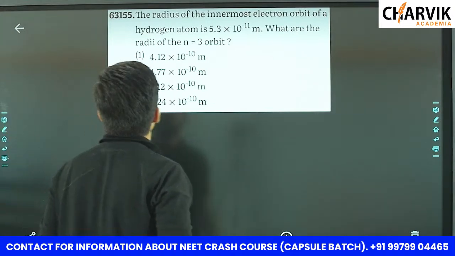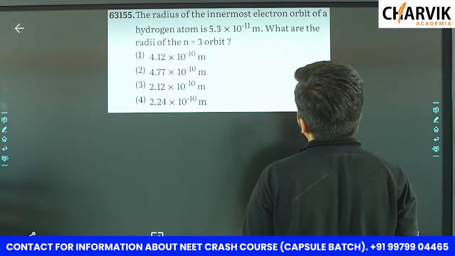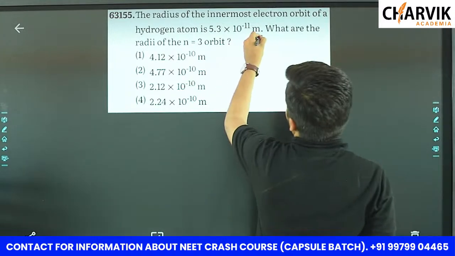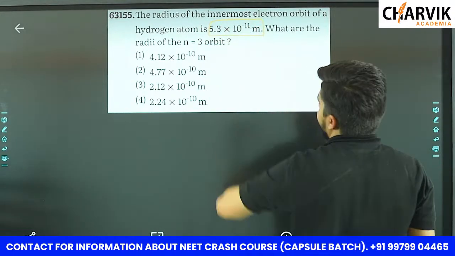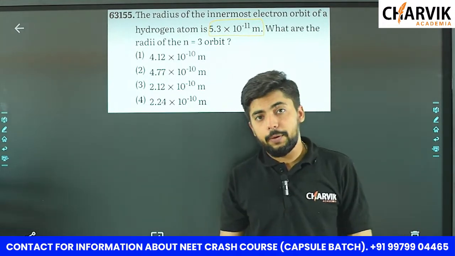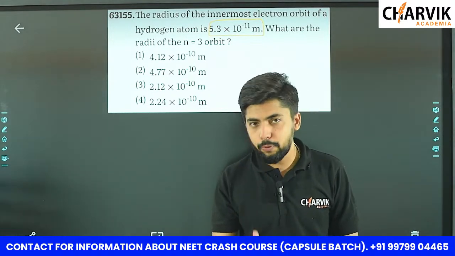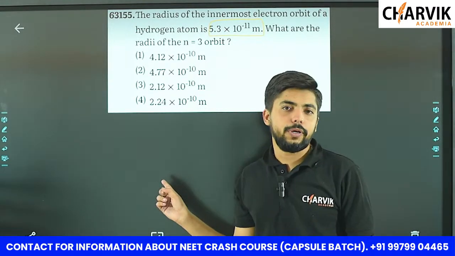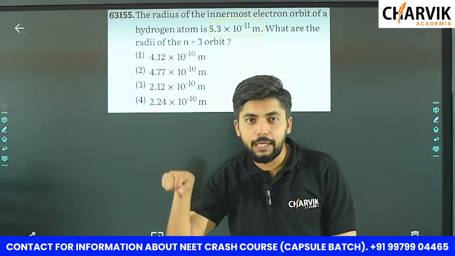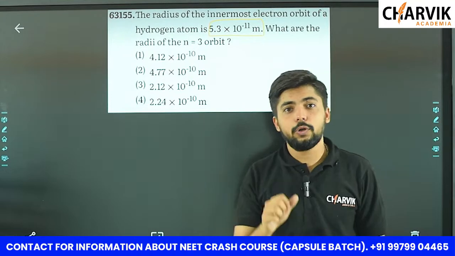Okay, so the next question says the radius of the innermost electron orbit of a hydrogen atom is given as 5.3 into 10 raised to minus 11. What is the radius of the n is equal to 3 orbit? Again, we are passing through the same concept and same equation type of question. There was this type of question in the previous paper in which they asked the radius of the fourth orbit, and right now they are asking the radius of the third orbit.